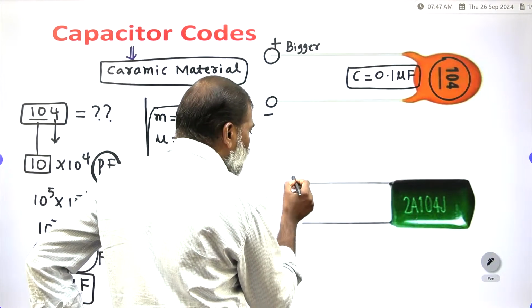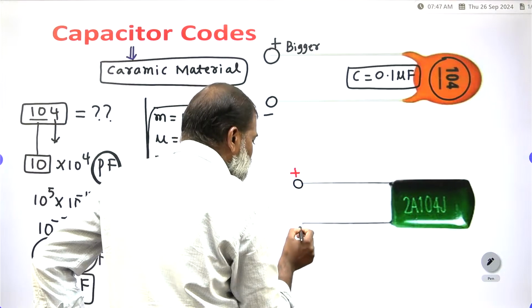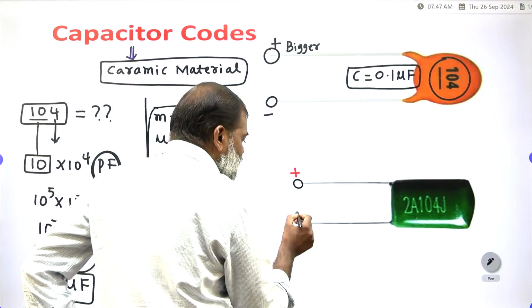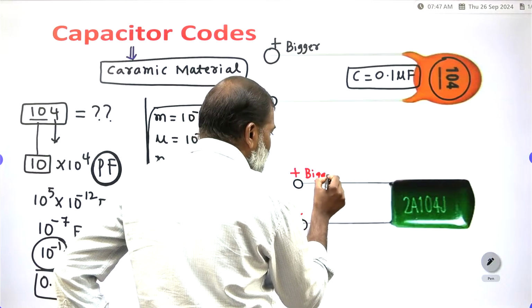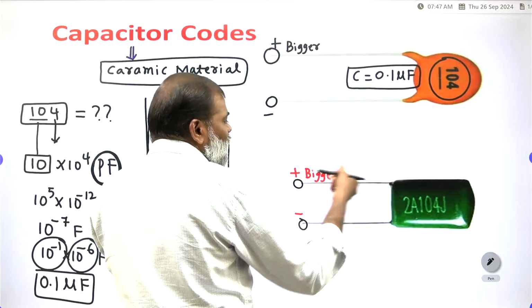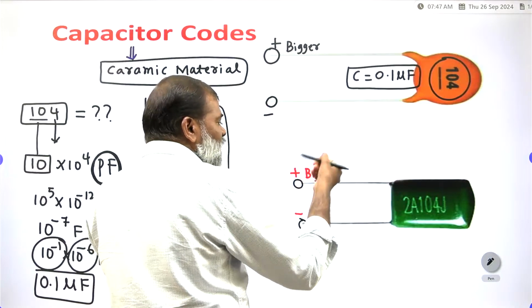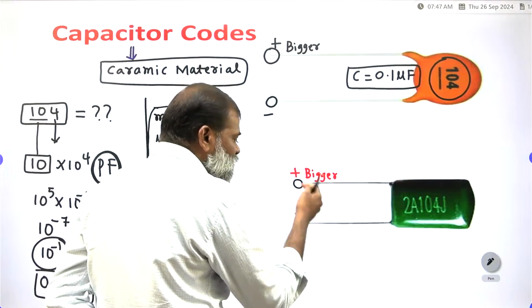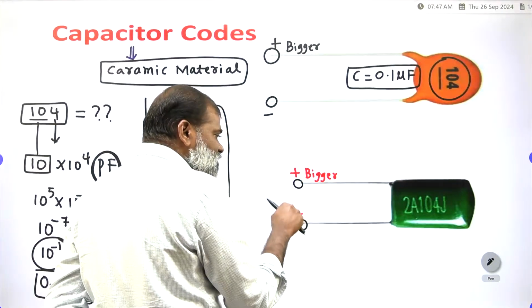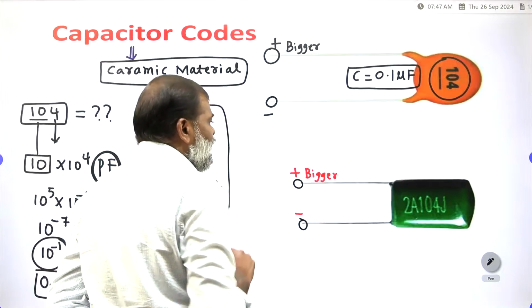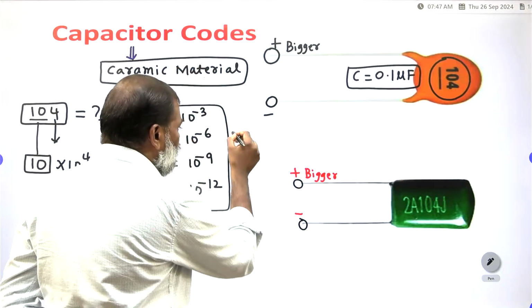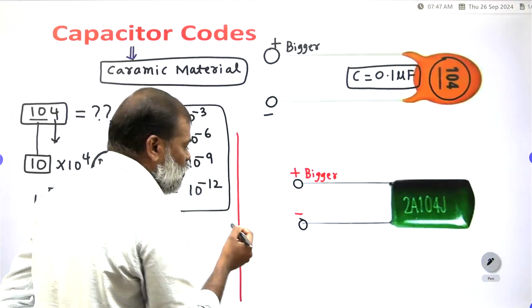The bigger terminal you have to consider as positive, and the smaller terminal you have to consider as negative. I will teach you what this code is.